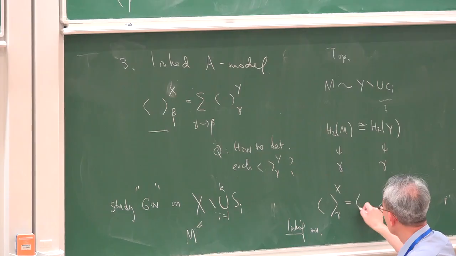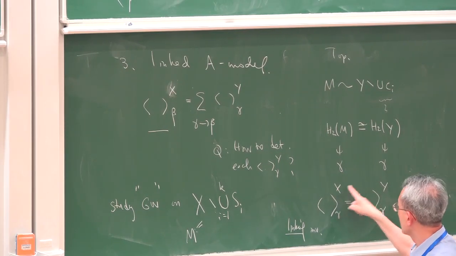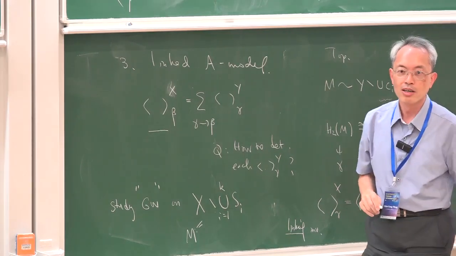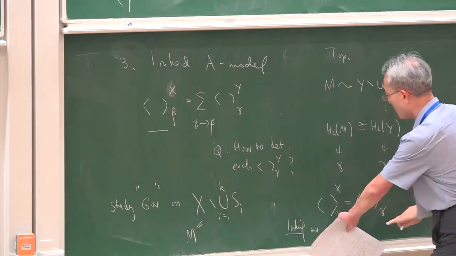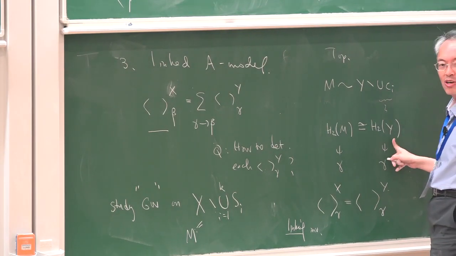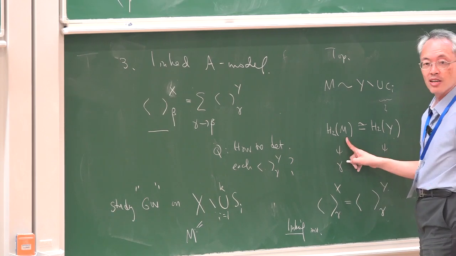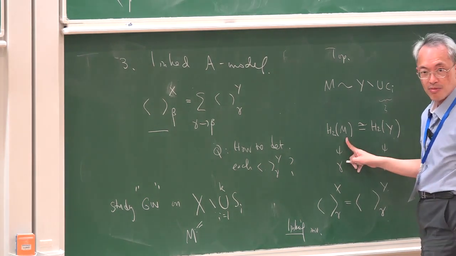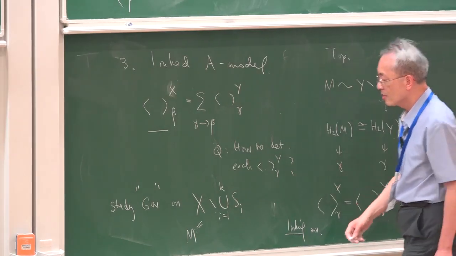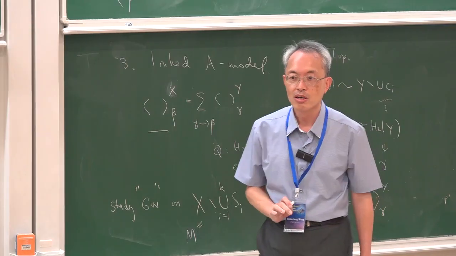It's the same as the linking invariant of class gamma, but you change the symbol X to Y. But the meaning of these two are different. Because the gamma here is really a curve class of Y, but gamma here is a class in the second homology of N. And the invariant really means a global invariant which does not touch the vanishing cycle.